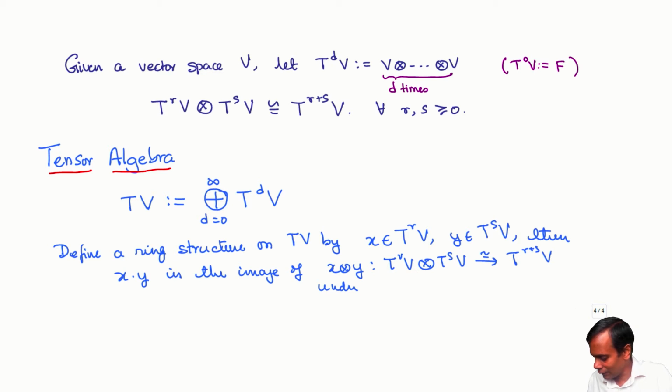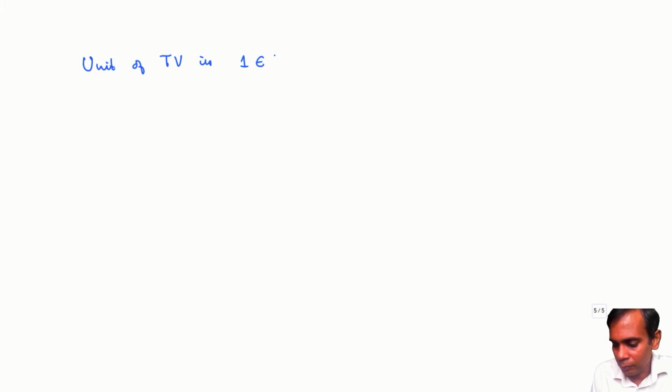So we need to check that this is an algebra, that it's associative, additive, and so on. I won't go into those steps. You can try to check it yourself. But let me just point out that the unit of TV is the element 1 belongs to F, which is T0V. So the unit lives in the degree 0 part, T0V.